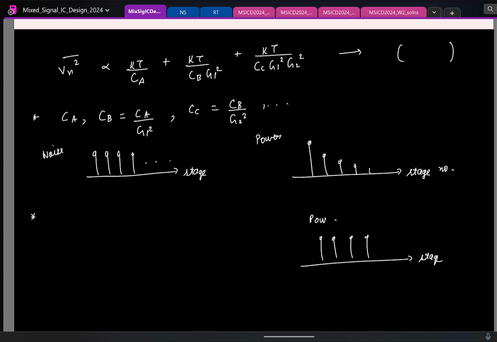If the power consumption is same across stages, the capacitance in the first stage and second stage should be equal, right? If you use the same capacitance for Ca, Cb, Cc, etc., now which stage is contributing to the maximum noise? First stage, right? So if we again sketch the same plot here, the noise will look like this.